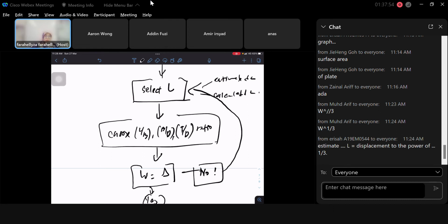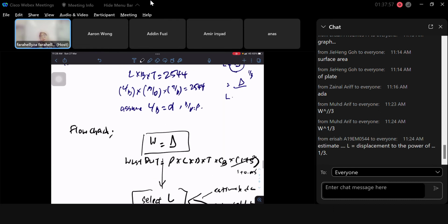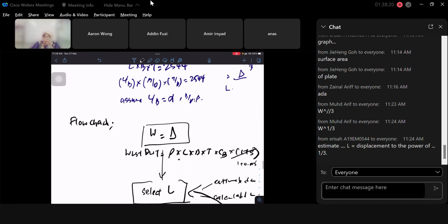They start with the owner requirement, then they come up with the L. They do the iteration process and so on, then they get these main dimensions. But additional to that, because here this is for box shape, how can you get this, because you only know this part, DWT.